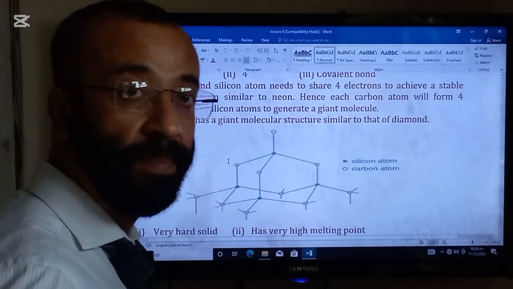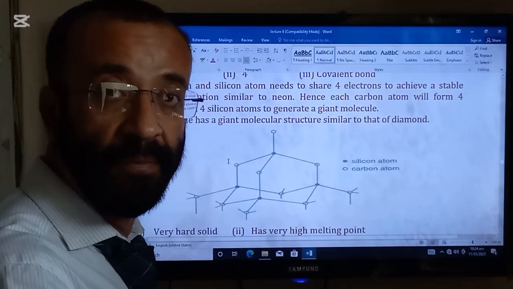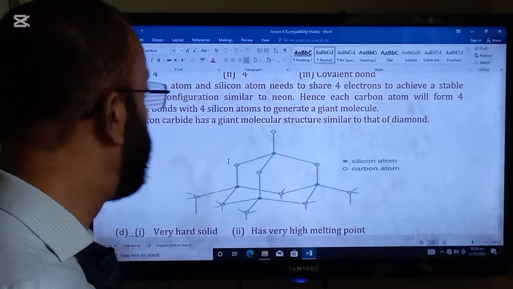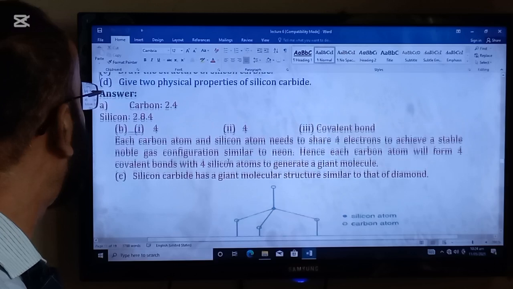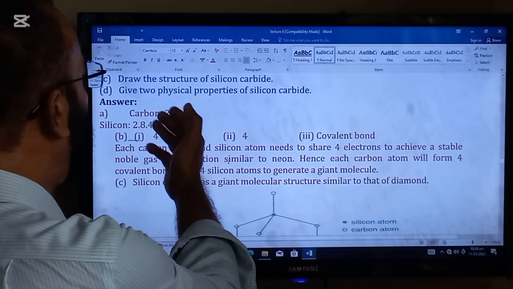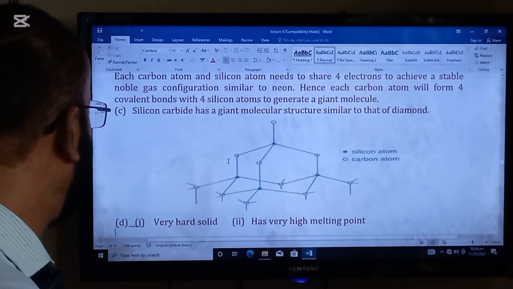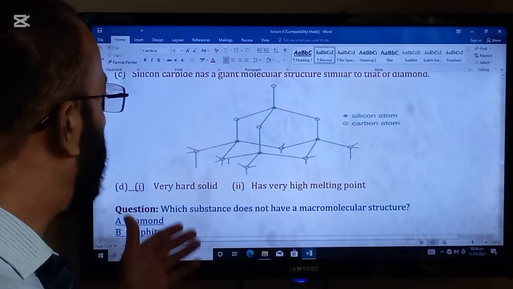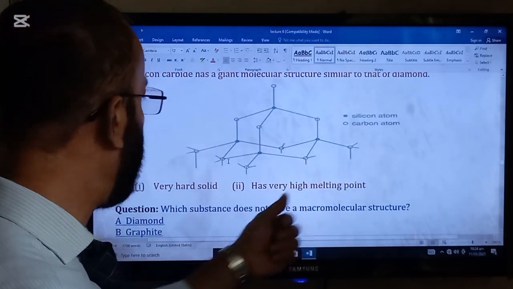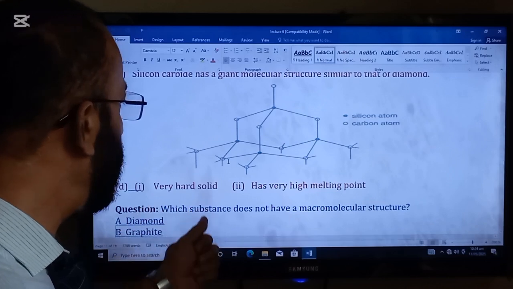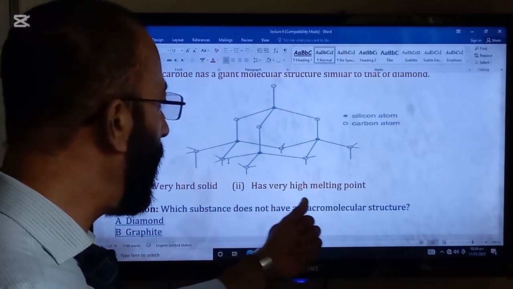So practice it on the paper again and again. This frequently come in the paper to draw. Last requirement is give 2 physical properties of the silicon carbide. So properties are similar to those of the diamond. Number 1, very hard solid. Number 2, has very high melting point.